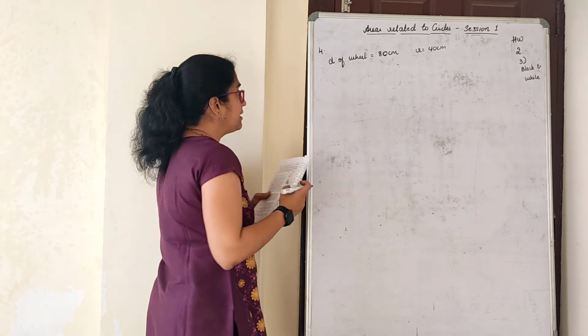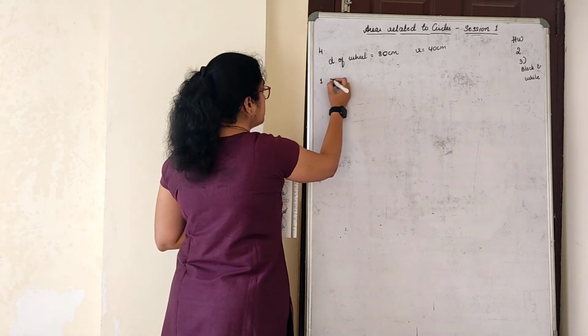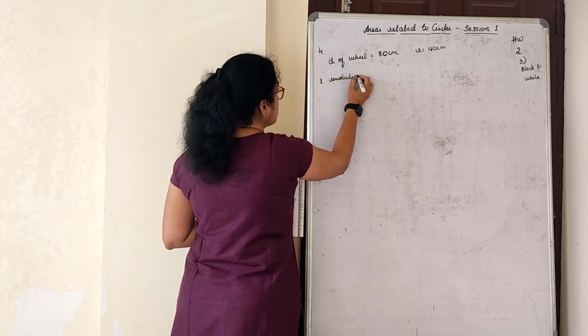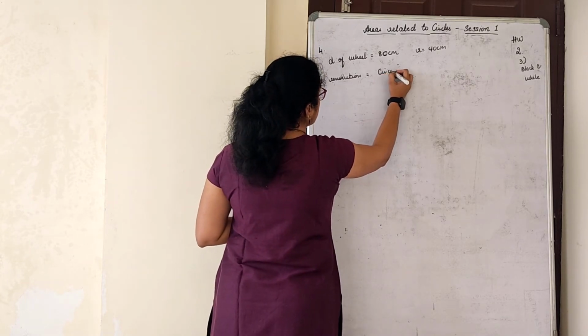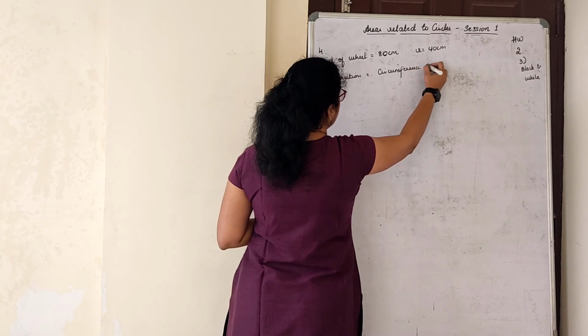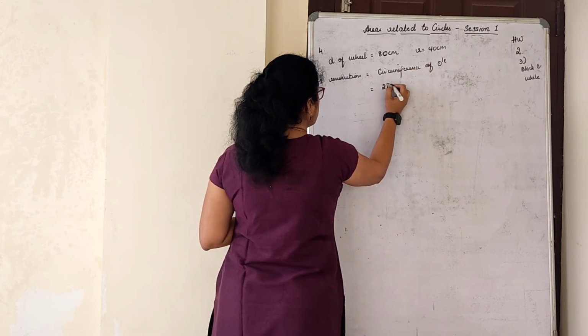First of all, let us calculate one revolution, which is equal to the circumference of a circle. So that is nothing but 2 pi r.